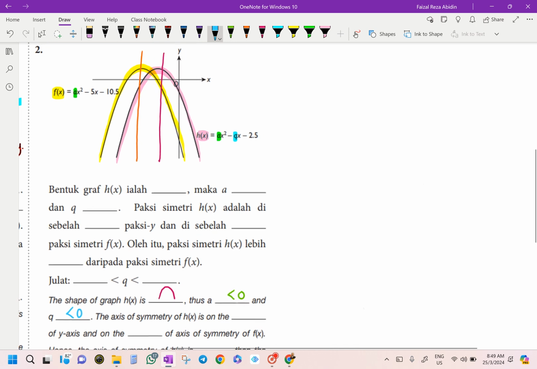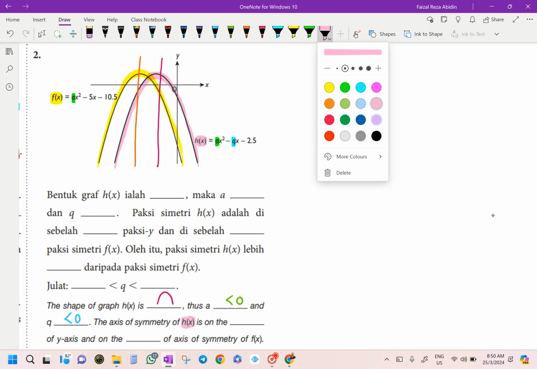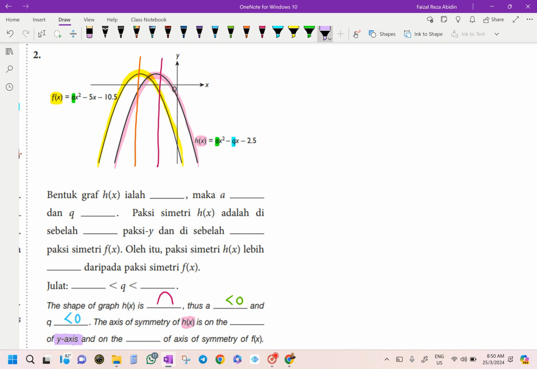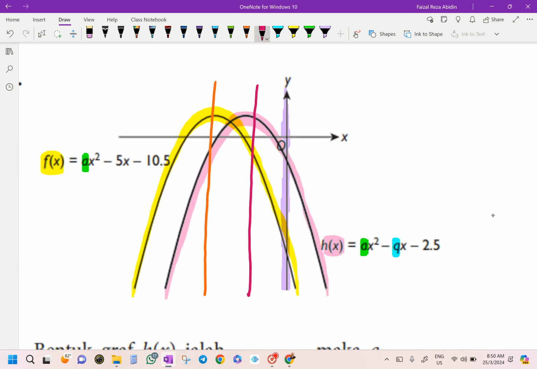Now you state what? The axis of symmetry of hx, look at the red one, is on the what from our y-axis? Left ke right? Left. Sebab dia bagi tahu apa ni? Y-axis, girls. It's going to be related with y-axis. You are going to compare hx with the y-axis. This is the y-axis. So the pink line there is the axis of symmetry for our hx.